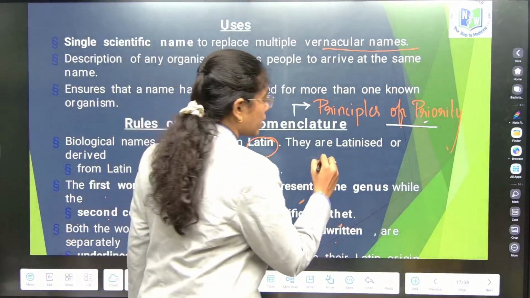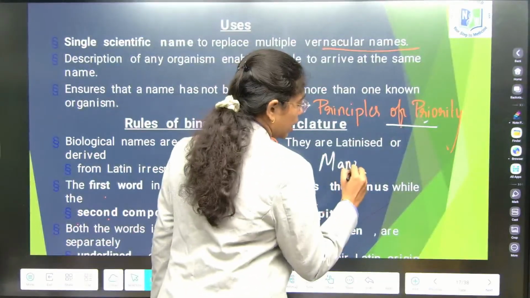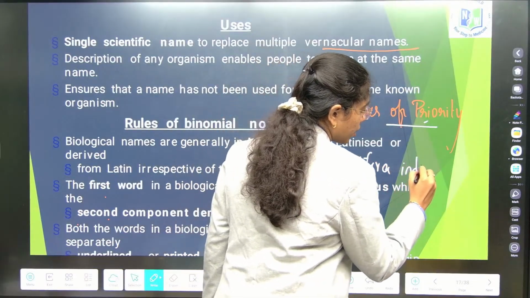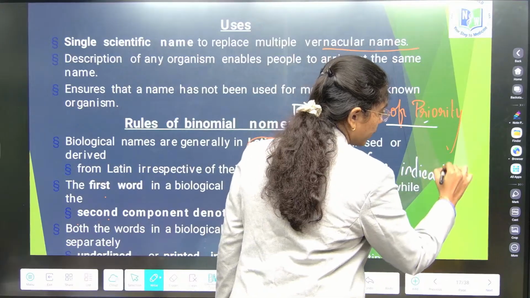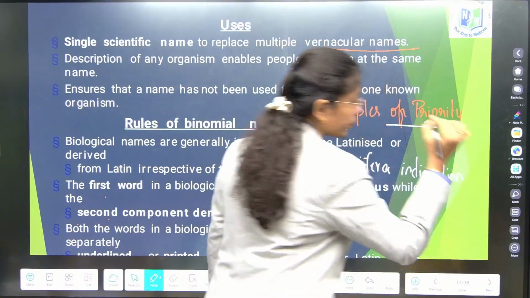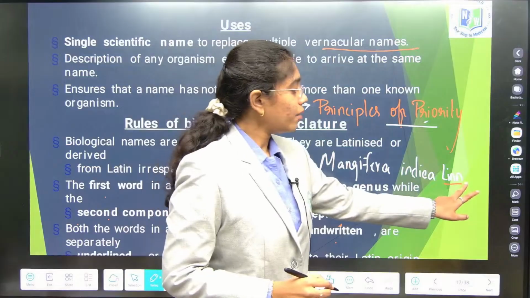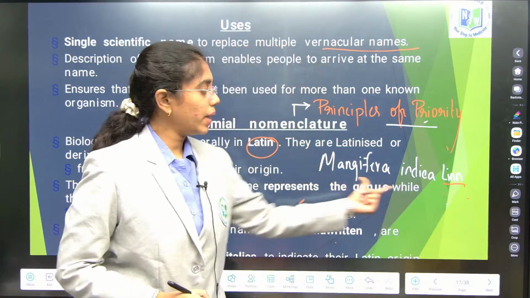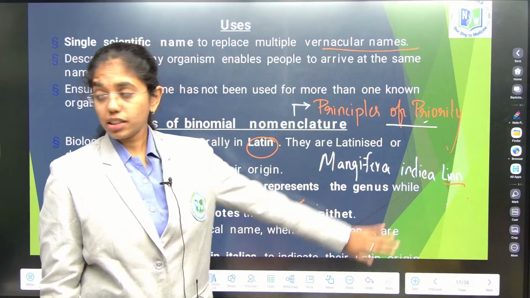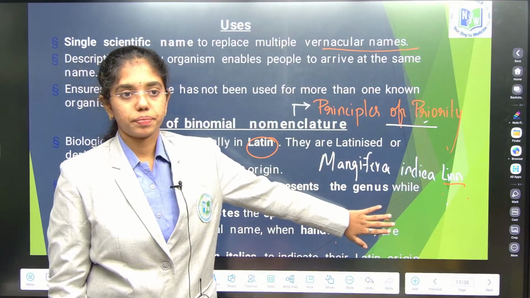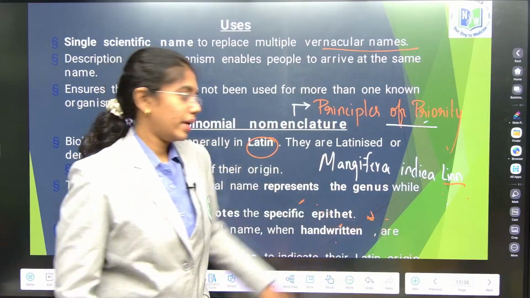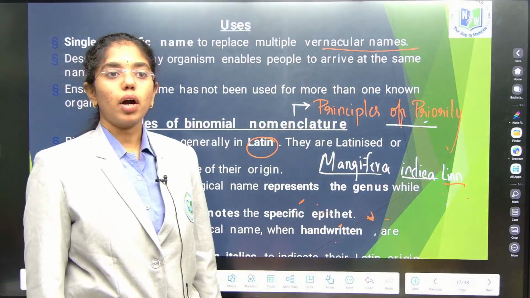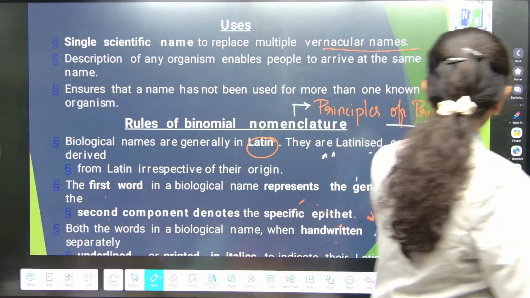As it is printed, it should be in italics, while the abbreviated author name should be in Roman. That is how you have to identify the option. When it is handwritten, you have to underline it separately. That's it. Principle of priority understood, everyone?